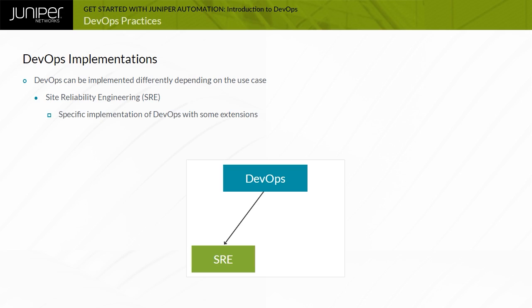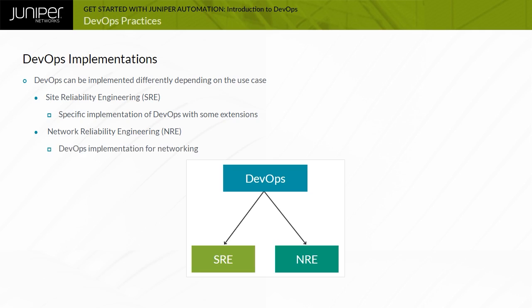DevOps can also be thought of as a generalization of several core SRE principles to a wider range of use cases. Network Reliability Engineering, or NRE, can be thought of as a DevOps implementation for networking. It has its own specifics, and yet still uses many of the common DevOps ideas, approaches, and tools.